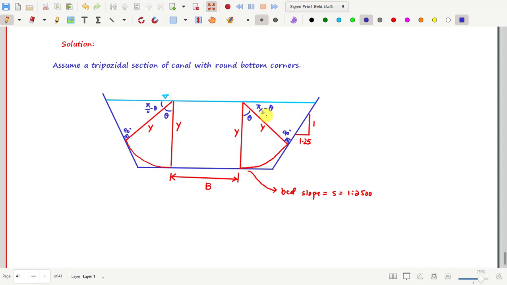So from this triangle, let me use the same colors and show you again as we have discussed previously too. If you draw this triangle here, this is the blue line, right? And then this is your red line, and then this is your blue line. Got it? What is this red line? Red line is your y, right? This is equal to the depth. And then what is this angle? This angle is pi by 2 minus theta, right? And what else?